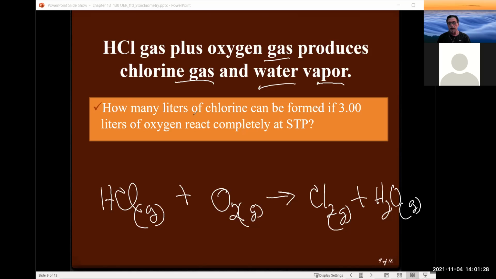Now the question says, how many liters of chlorine gas? Let's double check. Are we balanced? Almost forgot. I got 2 chlorines on the right. If I put a 2 on the right, it balances my chlorines. It balances my hydrogens, but my oxygens are not too good. And so what can I do? I'm not balanced here.